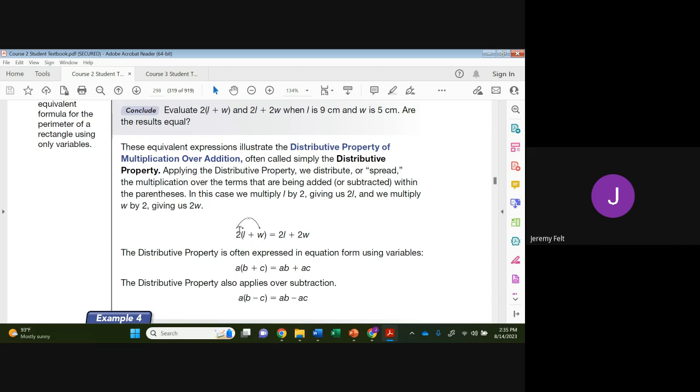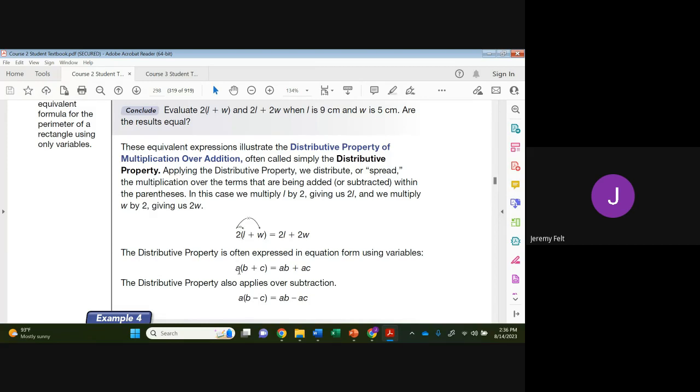We can also distribute whatever is outside of here into both, or if it's 3, 4, however many terms inside our parentheses, then we would have to multiply by all of the terms inside our parentheses. In this case, it's a binomial. We have 2 terms. We multiply the 2 outside here by both of these terms in here. So we could distribute whatever's outside the parentheses inside our parentheses.